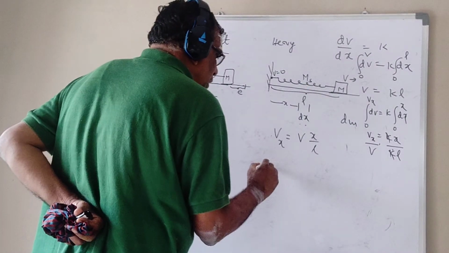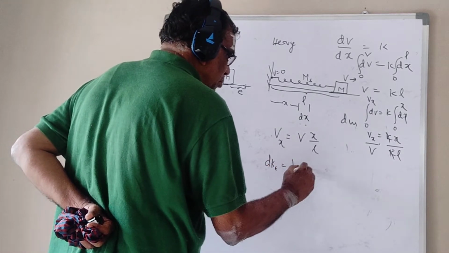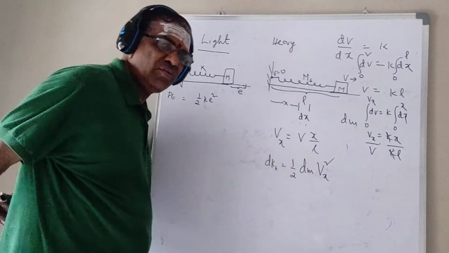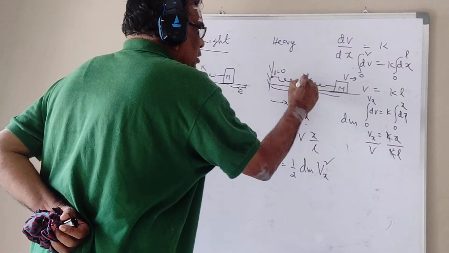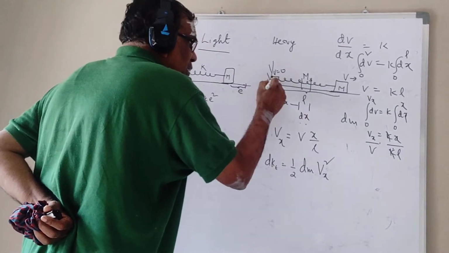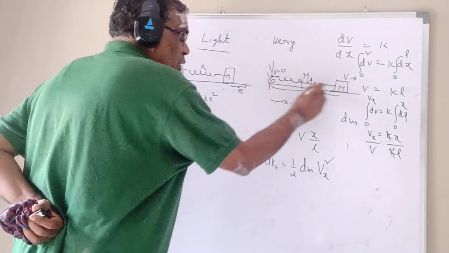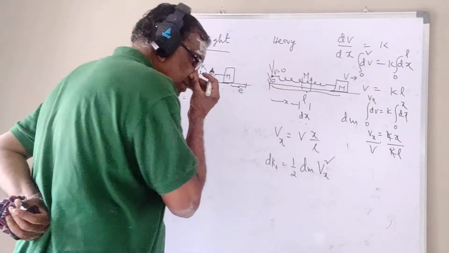Now, what is the kinetic energy of this elemental mass? Half dm Vx squared. This is the kinetic energy of this part that you are considering. Because it is 0 here, it is a half mv squared. Now I am talking of only the spring, not that of the body yet. Okay?